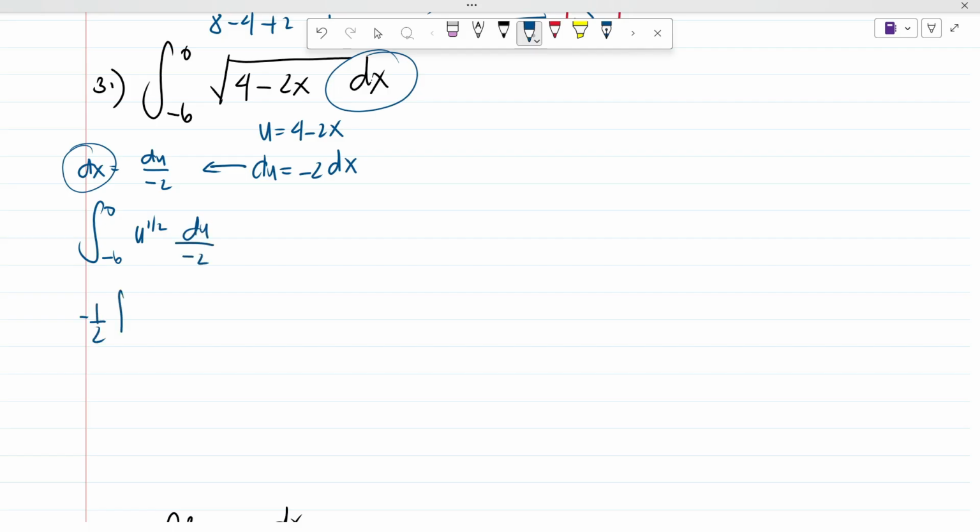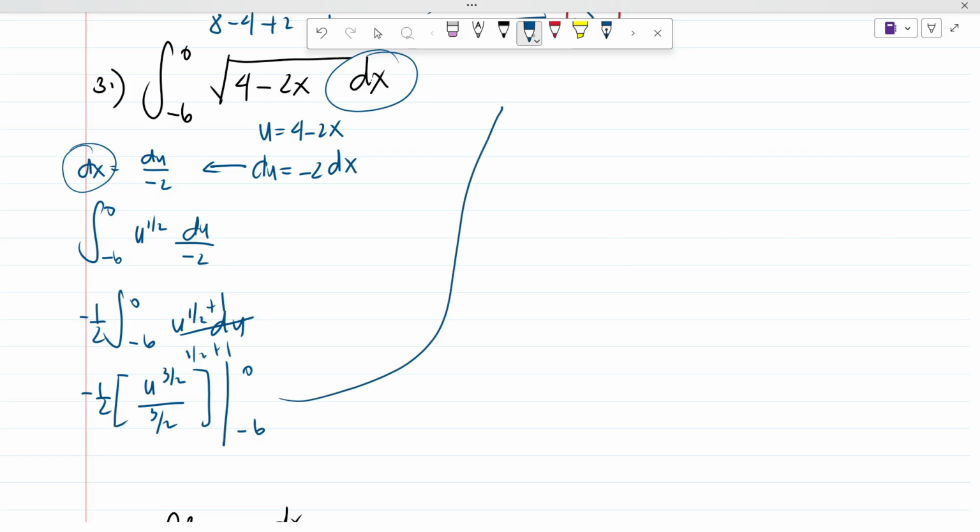So negative 1/2 times the integral from negative 6 to 0 of u raised to 1/2 du. Negative 1/2 times u raised to 3/2 all over 3/2, from negative 6 to 0, guys. How did it become 3/2? Add 1 to the exponent and 1/2 plus 1 in the denominator. From the indefinite integrals, I think you already know that, guys.